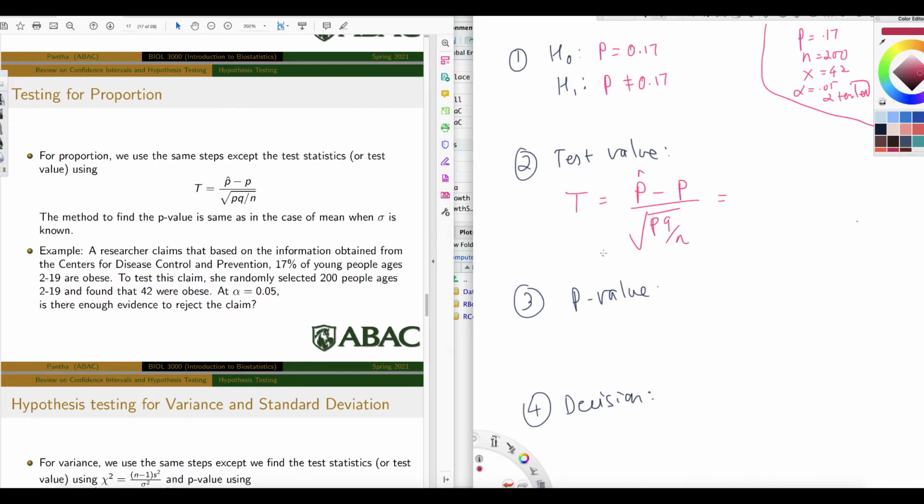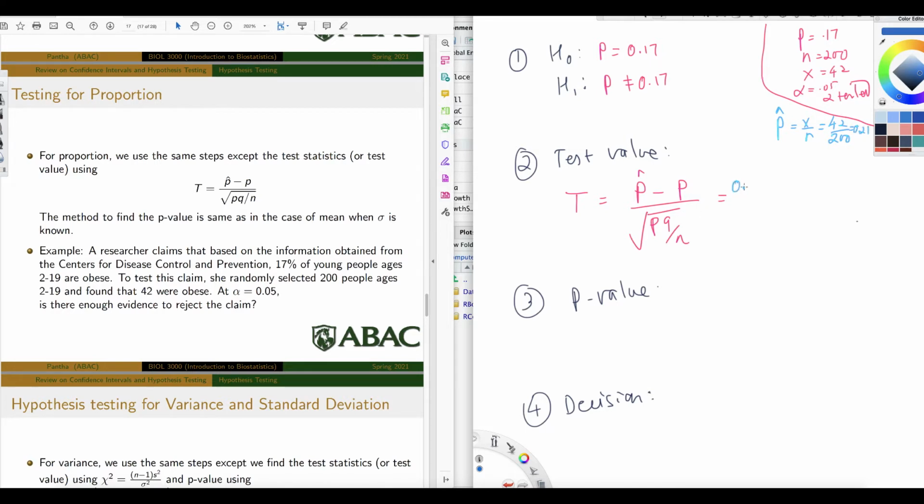Now what do we do next? You just plug in. What is p hat? p hat is x over n, that is 42 over 200, which is 0.21.